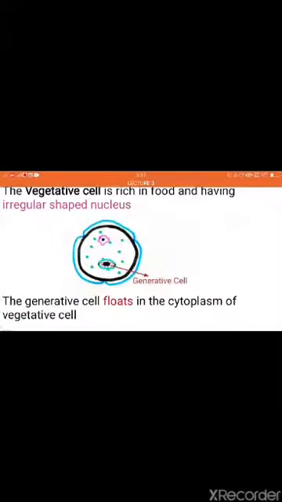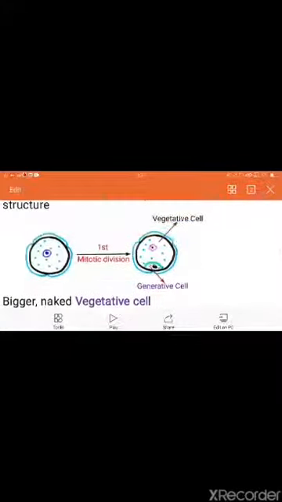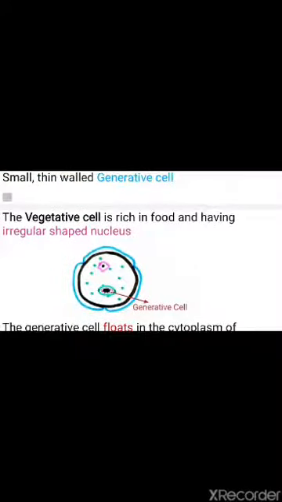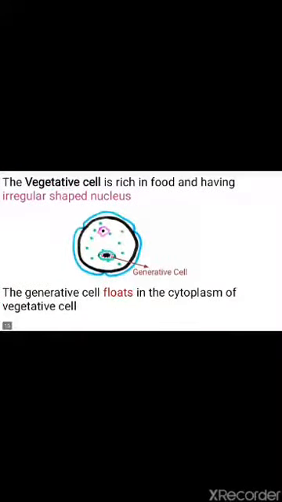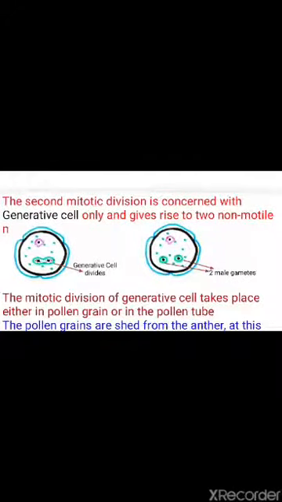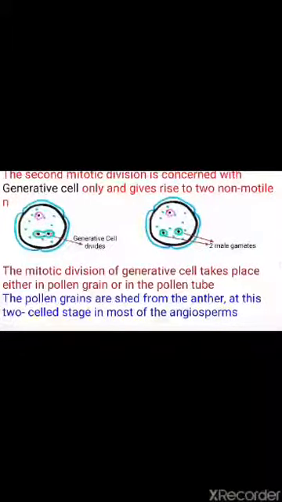So during the first division in the pollen grain, two cells get formed: one is the vegetative cell and the other is the generative cell. Now the second division takes place, but only in the generative cell.